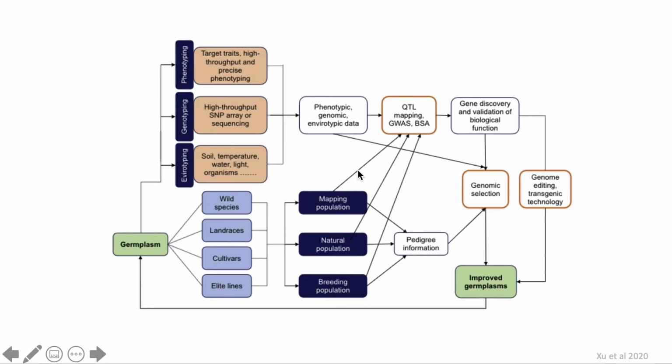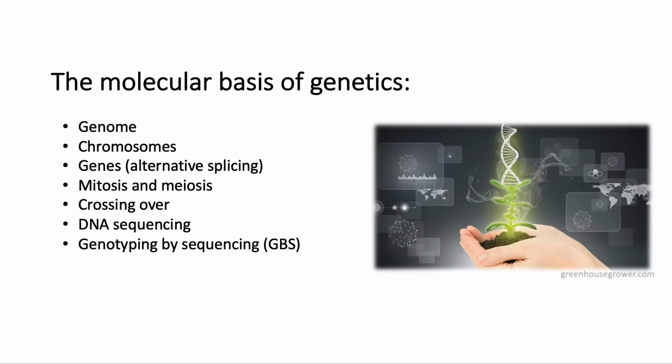So as you can see here, genomic selection is just another tool that has been shown in other crops to have potential to increase the genetic gain per unit of time. And so that is why we're interested in starting to use genomic selection in Common Bean.